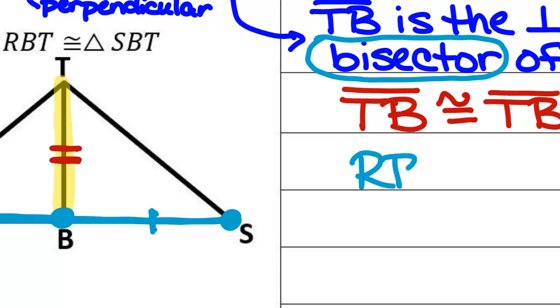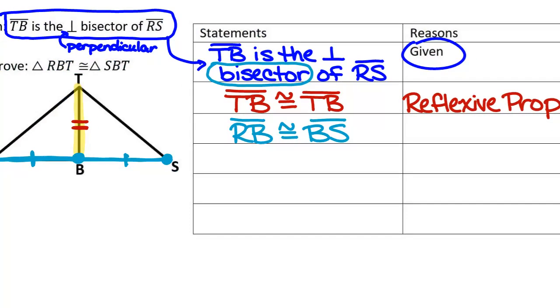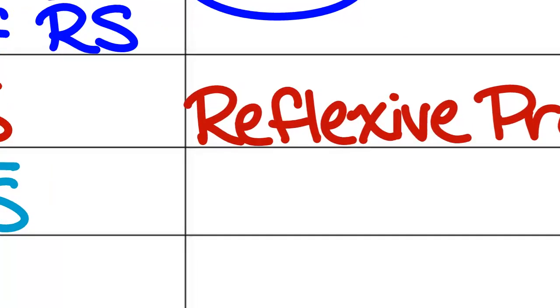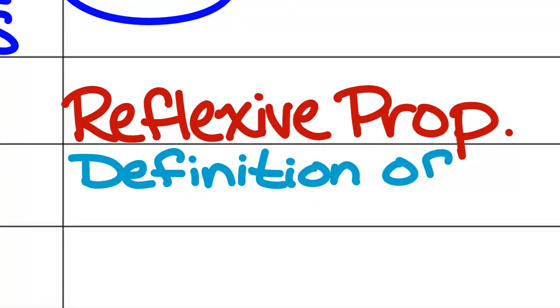Segment RB is congruent to segment BS. My reason for that, we were told that TB was a what? Perpendicular bisector. So we are using the definition of a perpendicular bisector.